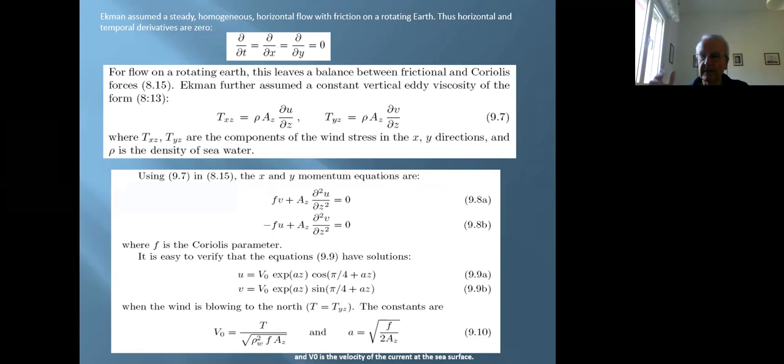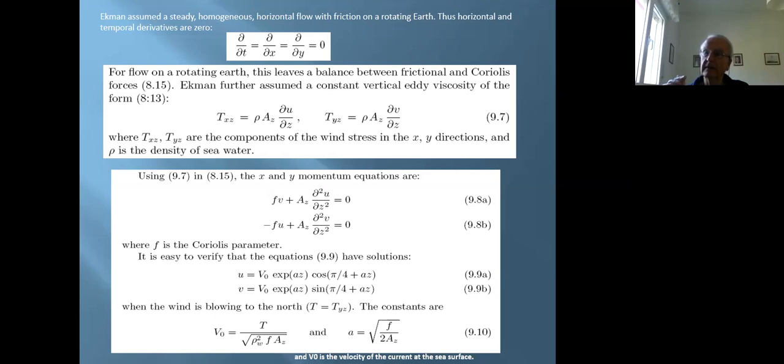We neglect the nonlinear part. We are then left on the left-hand side only with the Coriolis force. And on the other side of the equation, the only thing we have is friction.